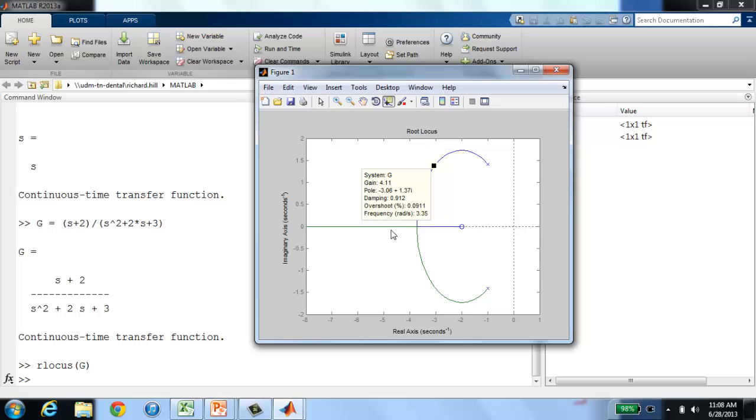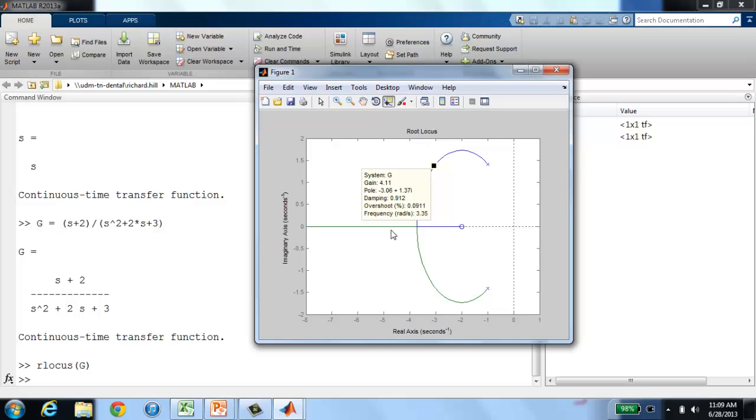And in essence, those points that it's jumping between are the points that MATLAB calculated in generating the root locus. So recall that MATLAB generates the root locus in a brute force sort of manner. It starts at k equals 0 and it steps up values of k, calculating new closed loop pole locations, and then it draws a continuous line to connect the dots.